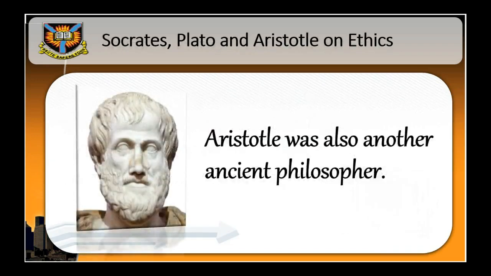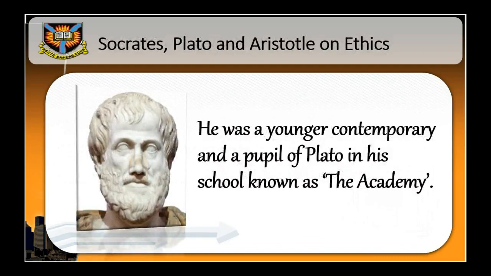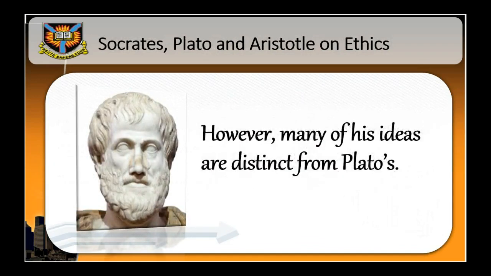Aristotle was also another ancient philosopher. He was a younger contemporary and a pupil of Plato in his school known as the Academy. However, many of his ideas are distinct from Plato's, and his ethics is one of such important distinct ideas.